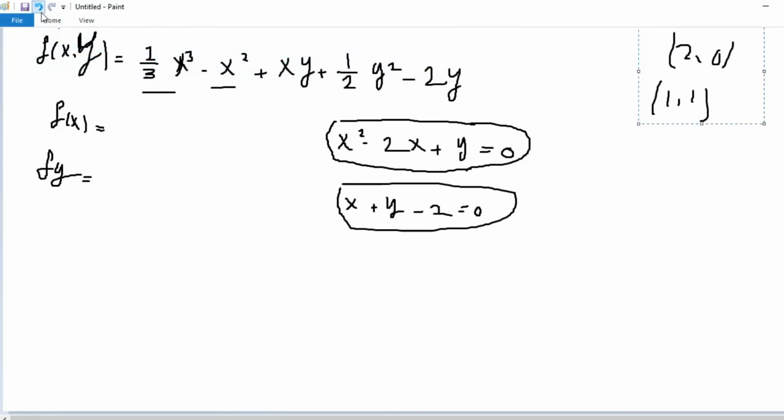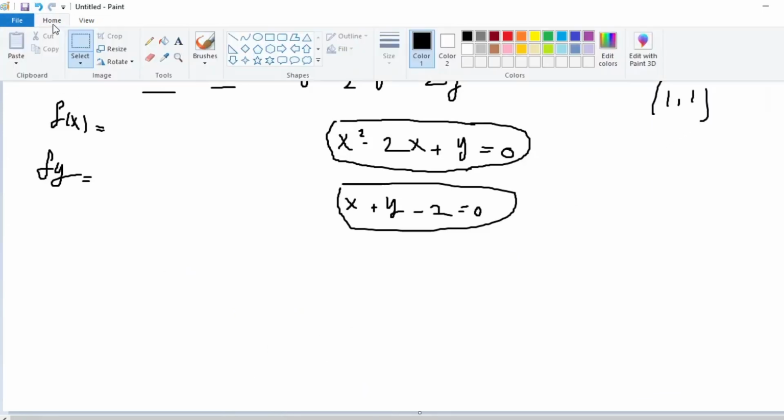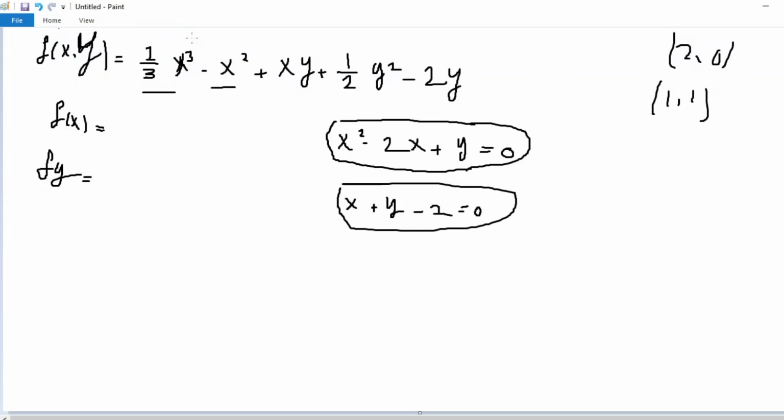Okay, so the second step, as I said, we need to find the discriminant, right? Let's first find fxx, fyy and fxy before we write the discriminant, so we can solve everything easily.